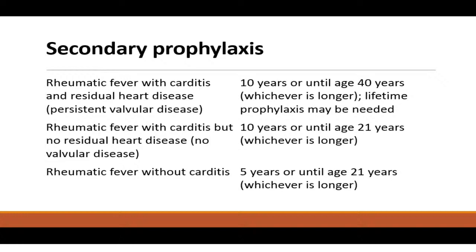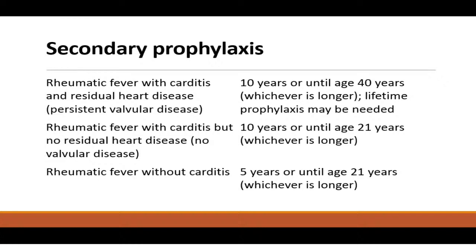Another quite necessary piece of information you need to remember is that not only primary prophylaxis, but secondary prophylaxis is very important for the patient with a previous acute rheumatic fever attack, to prevent further chronic rheumatic heart disease.